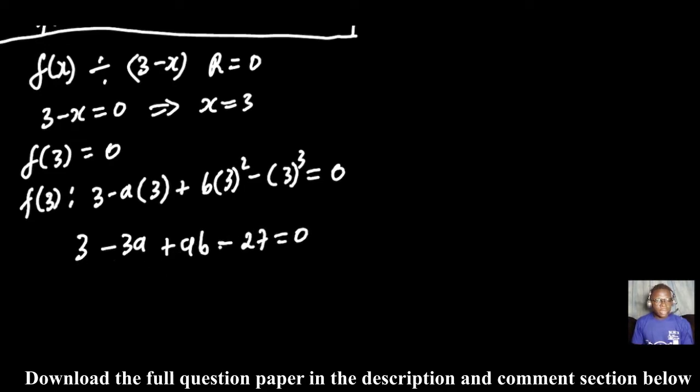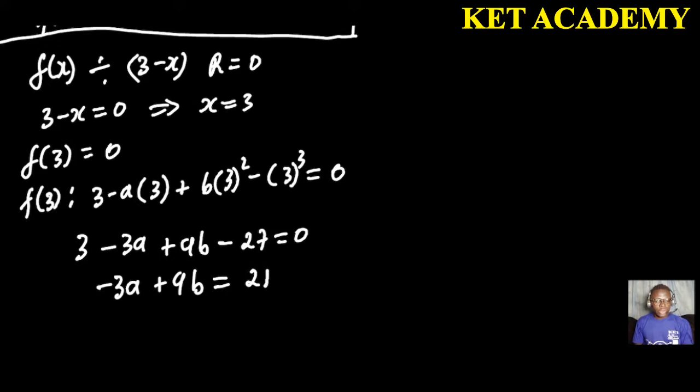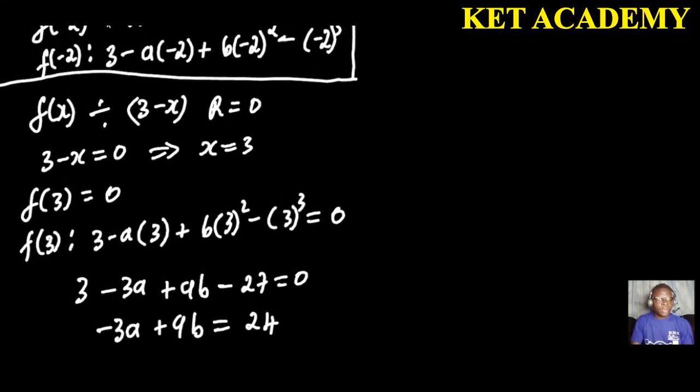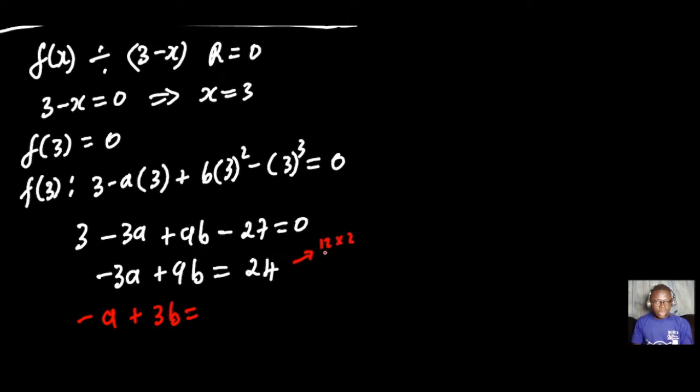We see here that 3 minus 27 will give us minus 24. So if we send it to the right hand side, we have minus 3a plus 9b equal to 24. Now if we simplify, we get minus a plus 3b equal to 8. We can see 24 can be written as 12 times 2, and we're dividing all through by 3, so this will be 8. Now this is our equation 2.